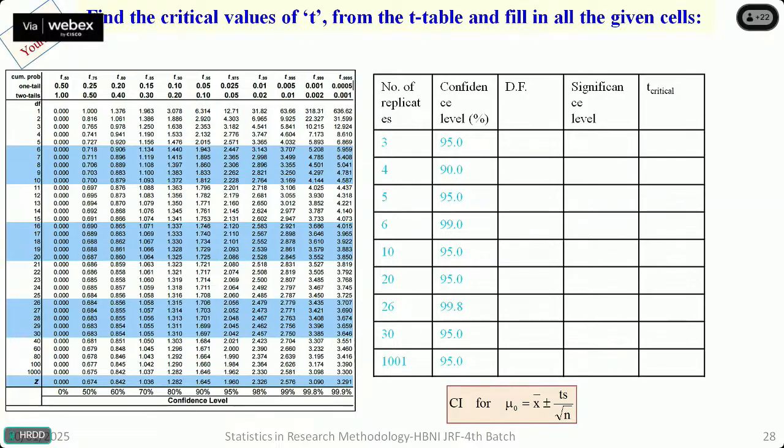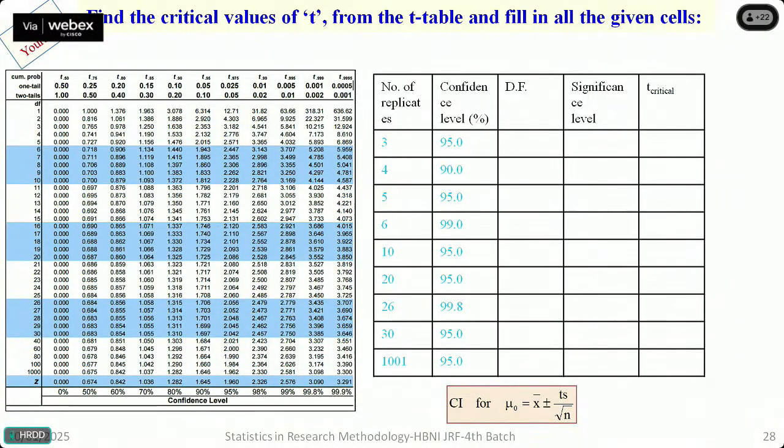Then the obvious question will be whether it is for two tail or single tail. You can extend the table for two tail and single tail. If you are mentioning T critical for single tail, type T critical for single tail. All the single tail values you show.